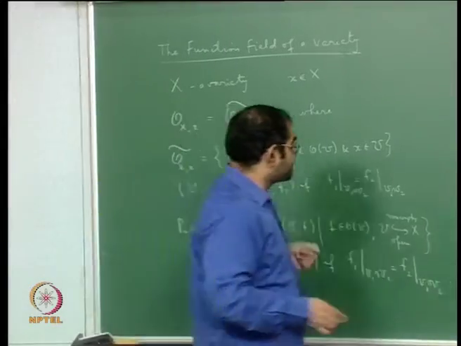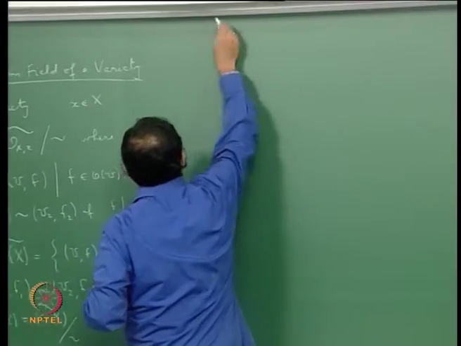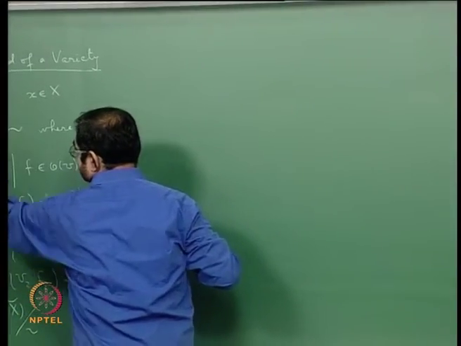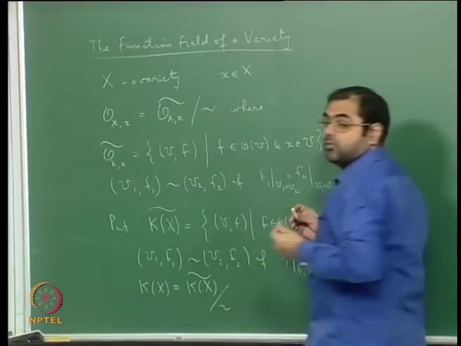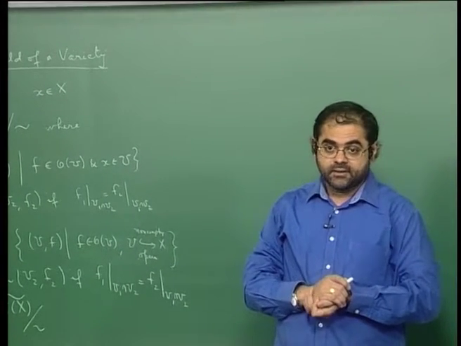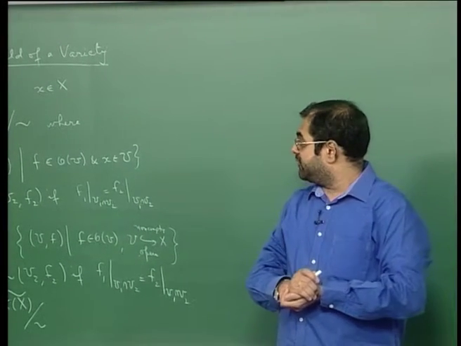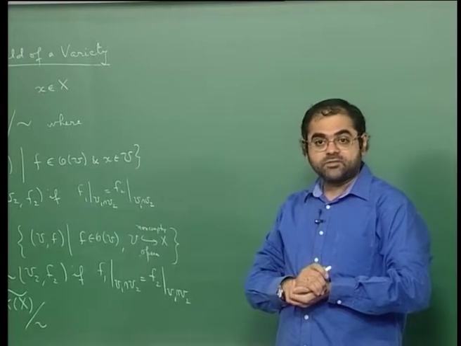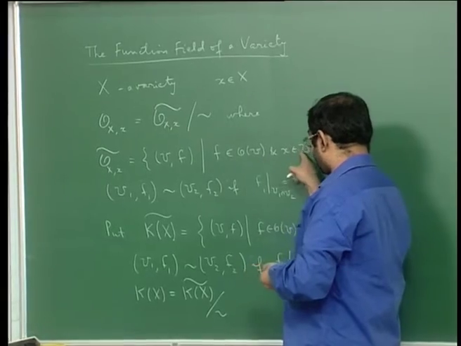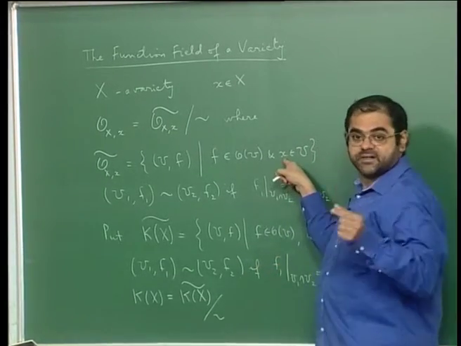Now the beautiful thing is that just like in this case the set of equivalence classes gave you a local ring, a commutative ring which had a unique maximal ideal represented by functions which are regular in a neighbourhood of x and which vanish at x.